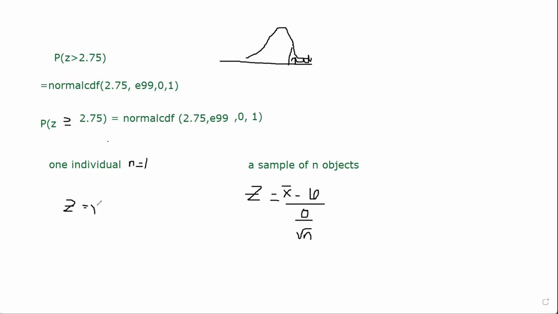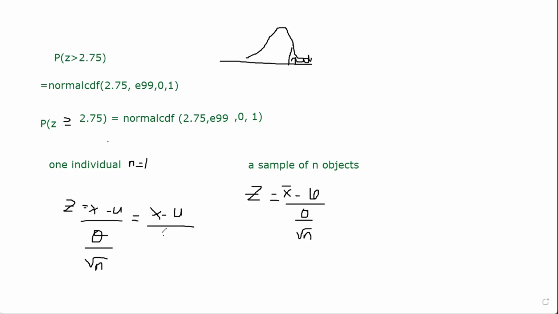This is X minus mu. Now watch what happens here. If I start with this, sigma over the square root of n, and I start with the same formula, but if n is 1, then this becomes X minus mu over sigma.